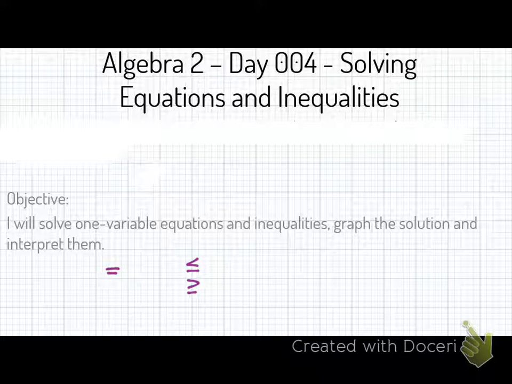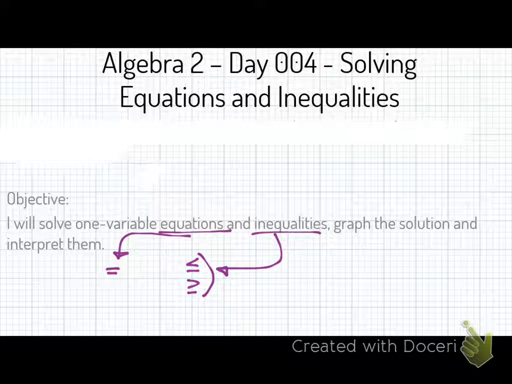And two big ideas here. We have equations and inequalities. Equations have the equal sign. When you think of an equation, you should think of the equal sign. And when you think of inequalities, you should think of these kinds of signs right here. Okay? Inequality sign. All right?